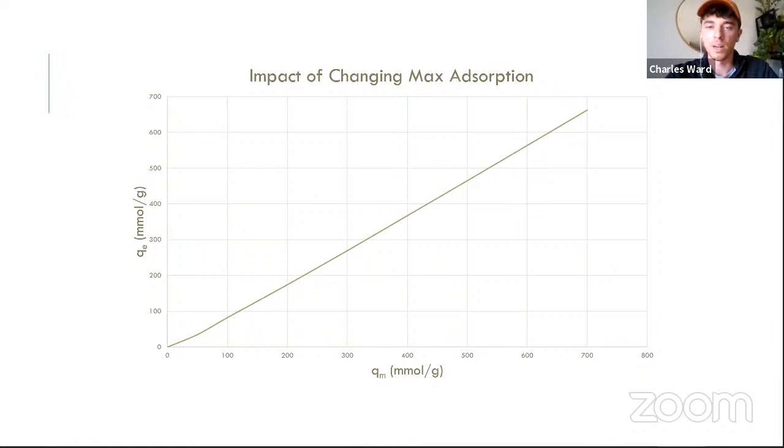And there's a linear relationship between the QM and the QE, which once again makes sense. As you increase the possible, the actual will also increase. So for absorption, I plan on using some combination of these models, my experimental data, to continue studying how efficient my metal loading process is.